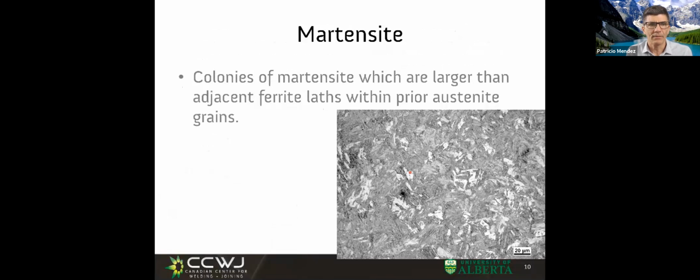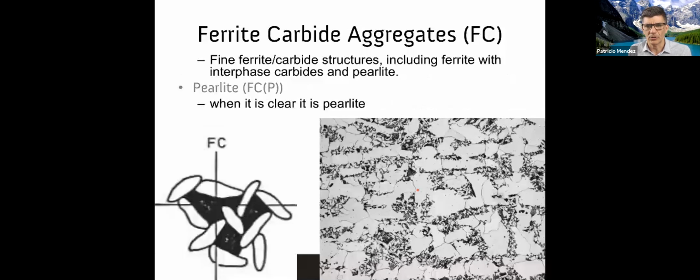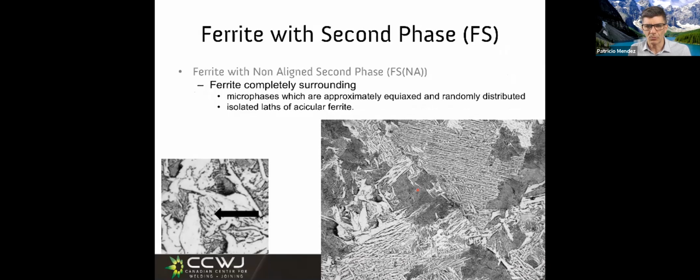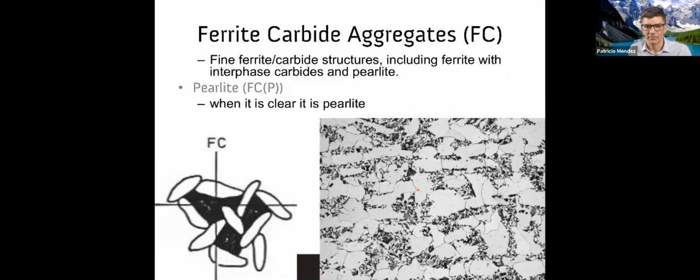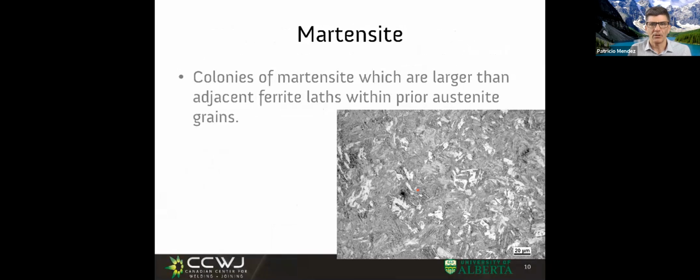And then we have martensite, which we didn't put here, but is marked with an M. And martensite, as you realize, has a very different look than the other ones. Look, this or this other one, they have this clear black and white contrast between the ferrite and the carbide. But in martensite, all of a sudden it looks like frosted, right?